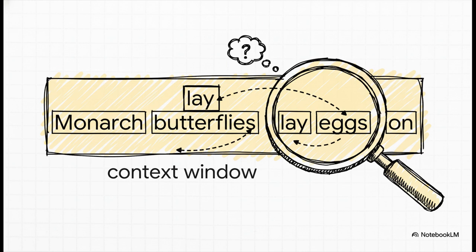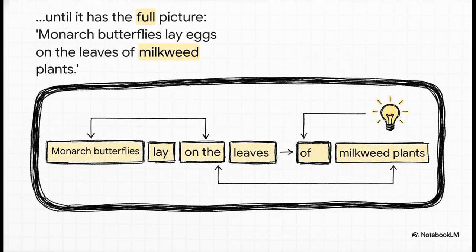It knows monarch butterflies are the subject here, and that they're doing something with eggs, and that's happening on the leaves of something. And this ability to look back at the whole history of the conversation, that's the secret sauce. That's what makes these new LLMs so incredibly coherent. It holds the entire sentence, or our entire chat history, in its working memory so it can see the full picture. This is what keeps it from just spitting out totally random words.